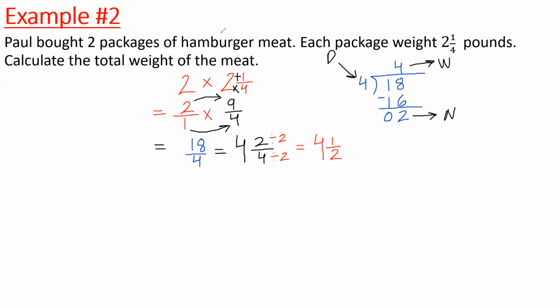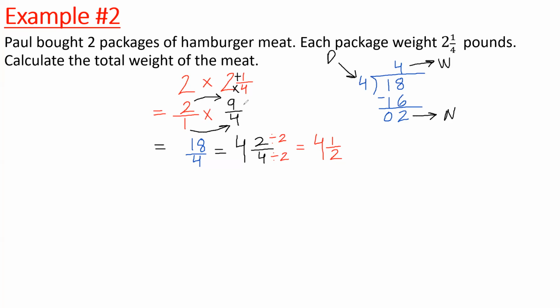You multiply the denominator by the whole number and add that to the numerator. So you write the 2 as 2 over 1, times 9, because 4 times 2 is 8, add 1 is 9, and you put that over the denominator.